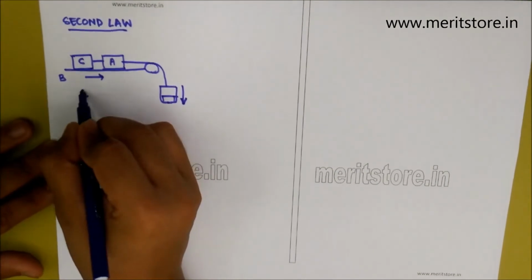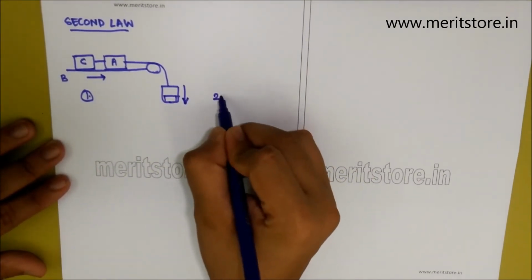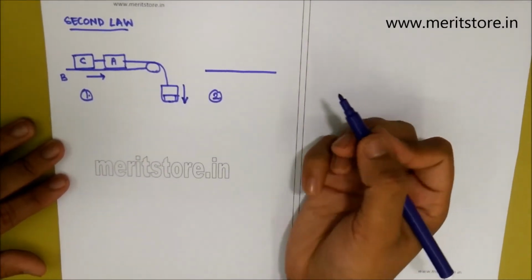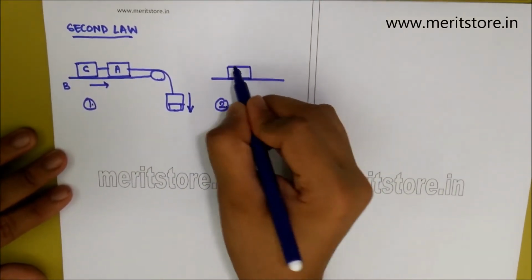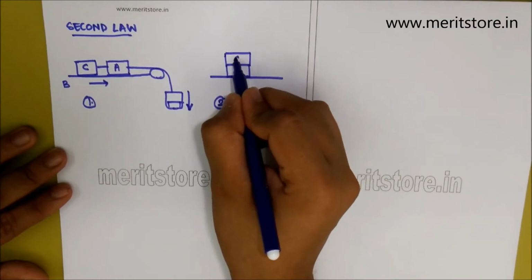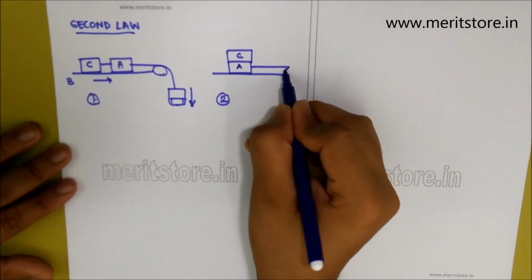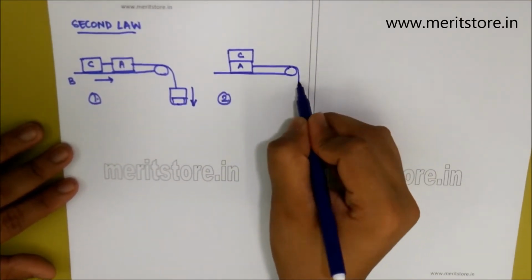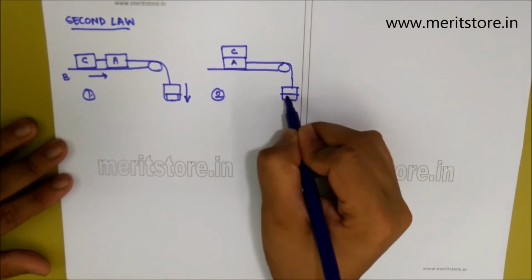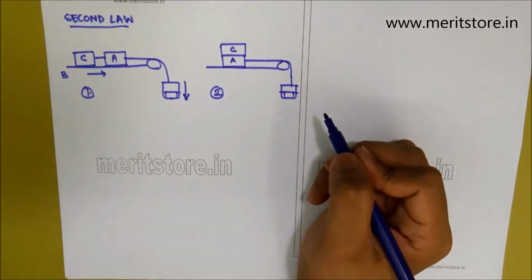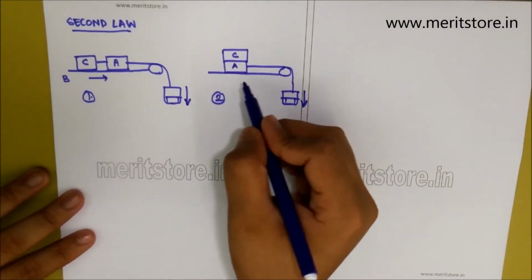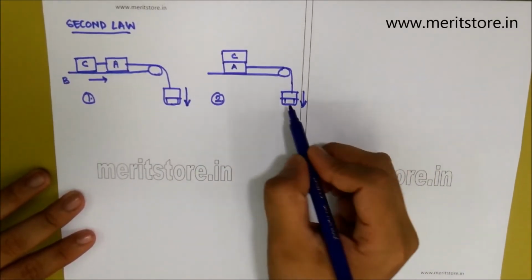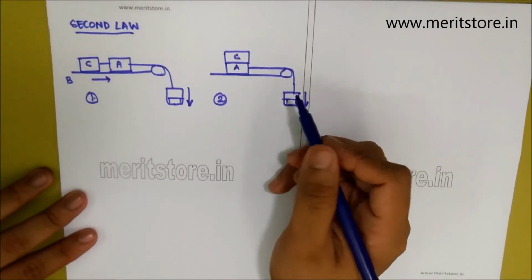Now, this is case 1. In case 2, we have the same surface, but in this case, we are going to be placing body A and body C over each other. And we connect this here, the pulley, and then we have weights. So as we increase the weights, these two bodies will also tend to move after the limiting force of static friction is overcome.